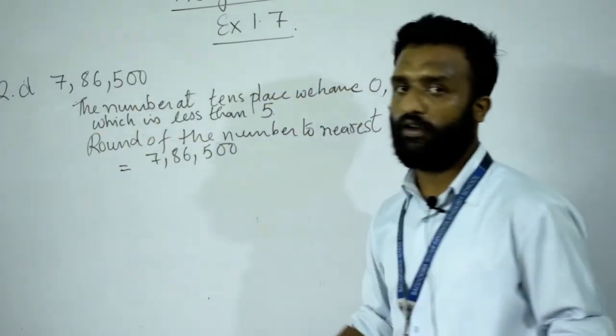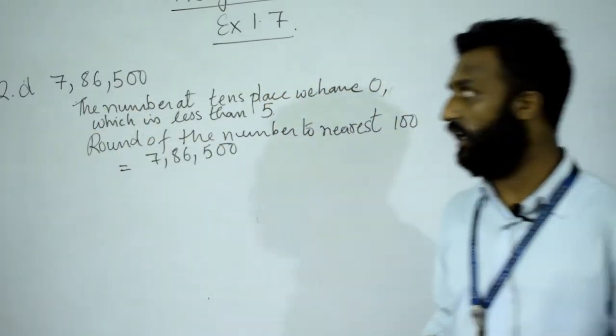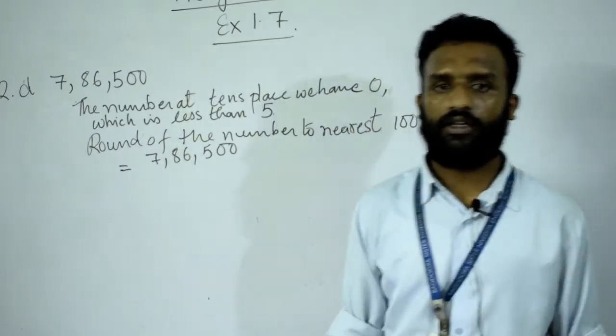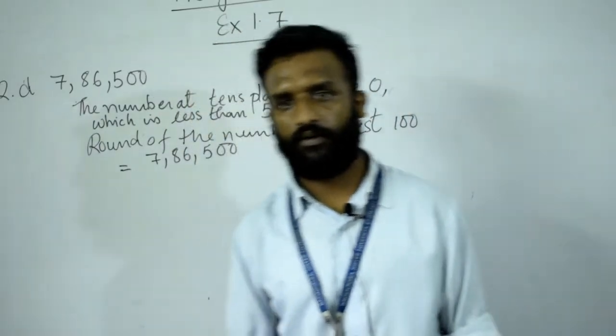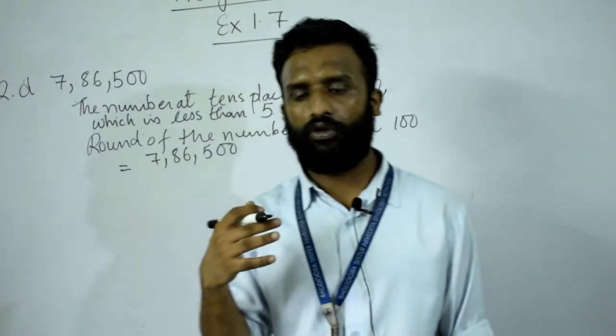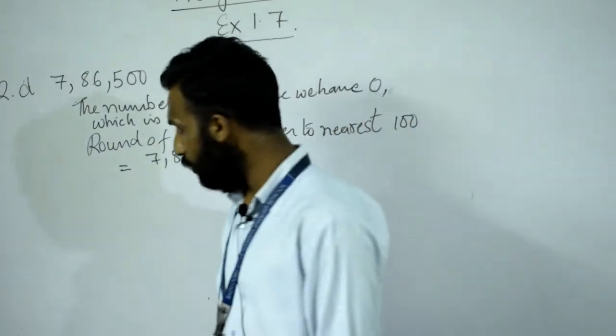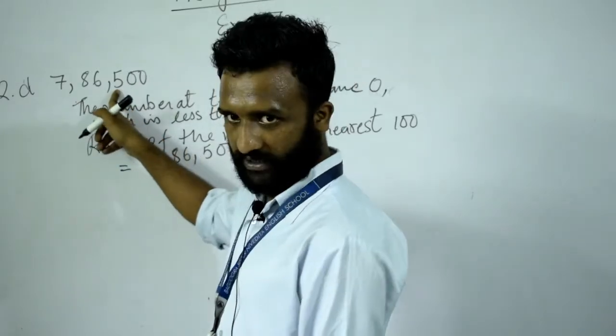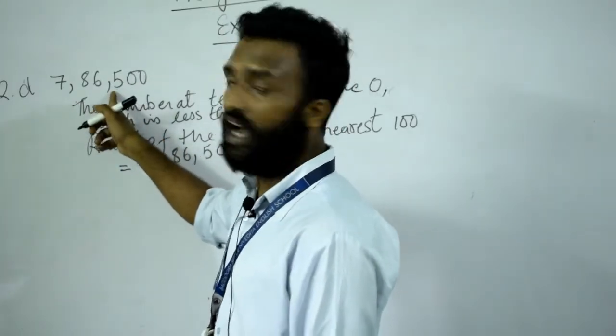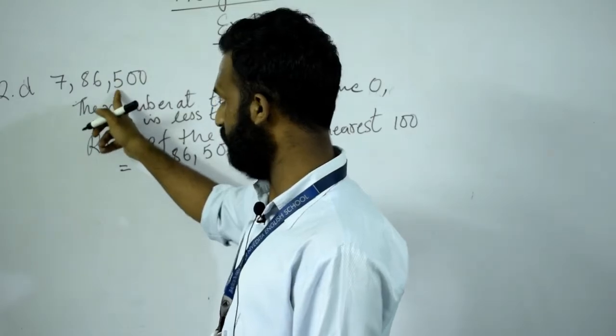Now rounding the number to the nearest 1000. For the nearest 1000 we check at the 100 place. So at the 100 place what do we have?